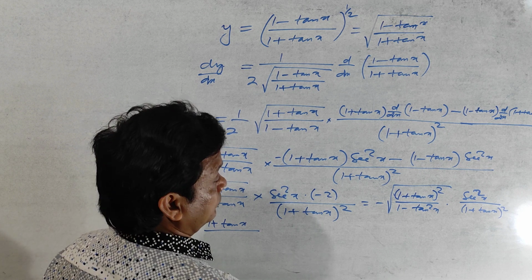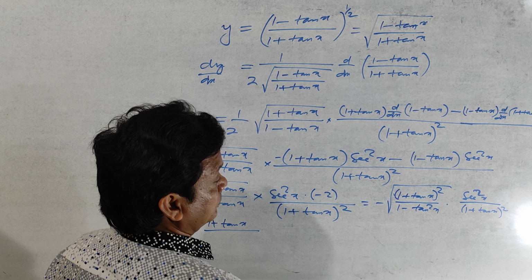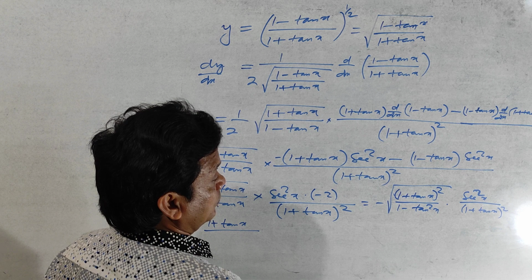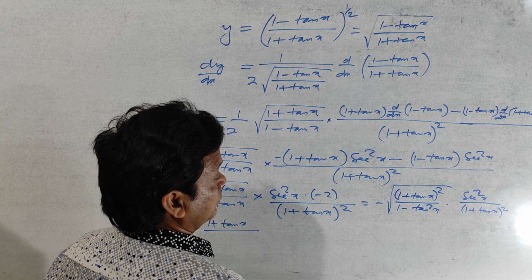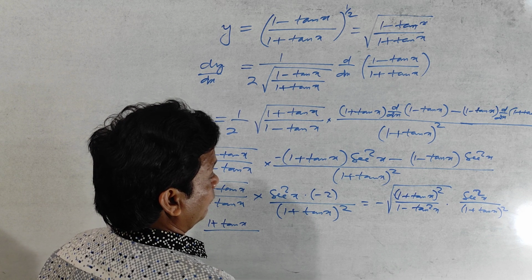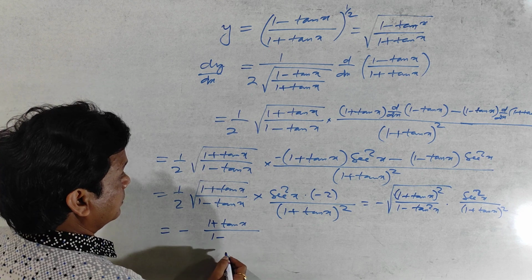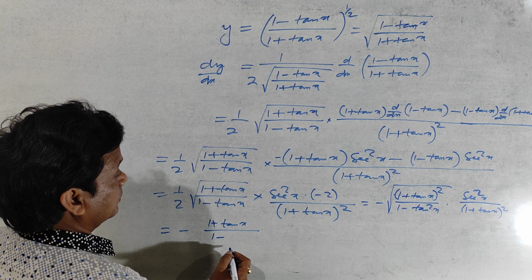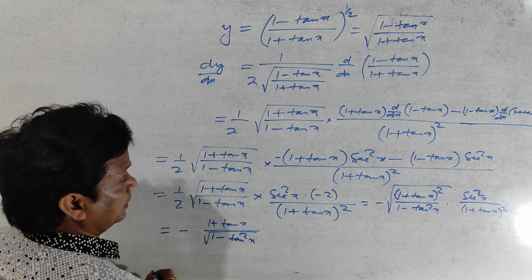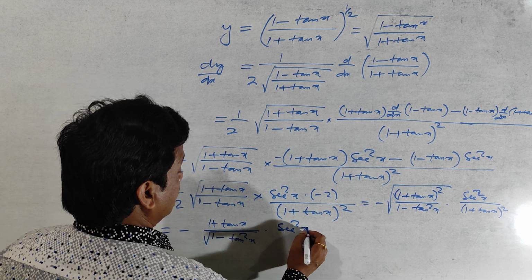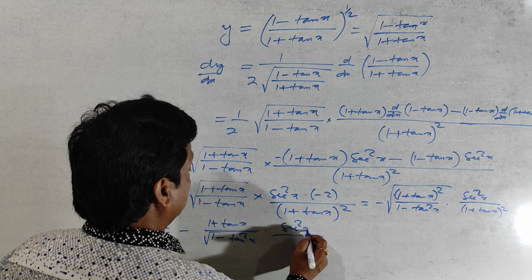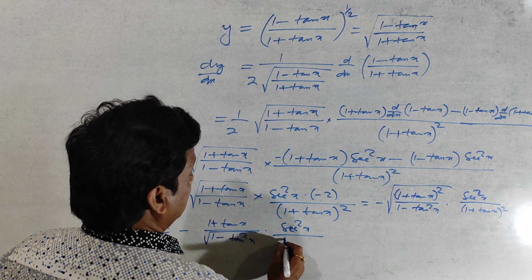So it will be 1 minus tan square x, keep it like that, into sec square x divided by 1 plus tan x whole square.